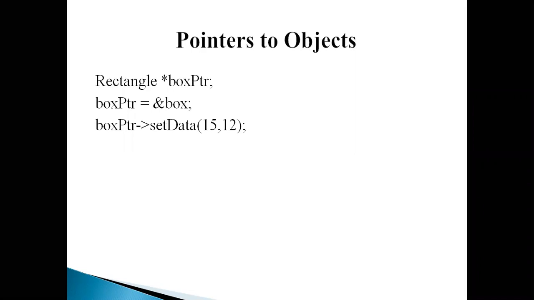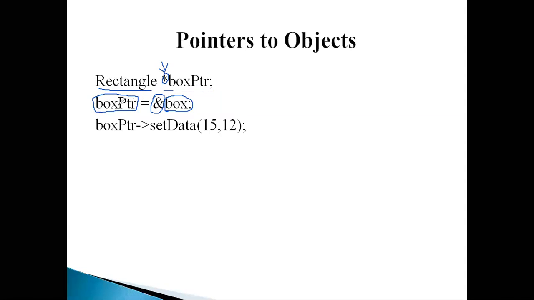Now you can also create pointers to objects, not only a normal object. See, pointer to the object means here I am creating a pointer. Now this is nothing but a pointer object to the class rectangle. So sorry, this is nothing but a pointer object and the other is nothing but a normal object. When I create a pointer object, then definitely I must specify the address. This is very common. When I am using a pointer, then definitely I must specify the address of another object.